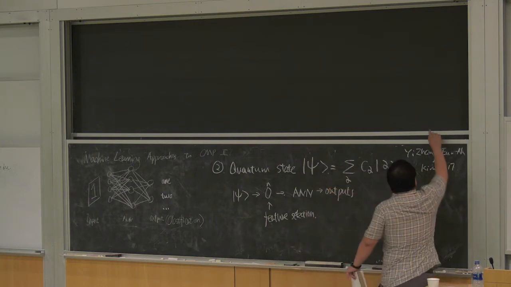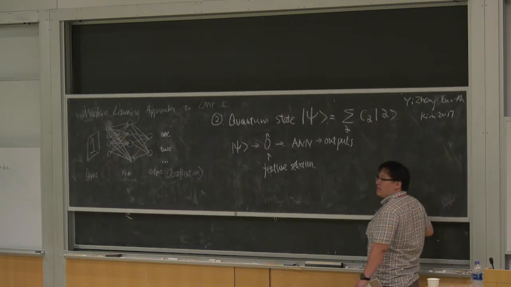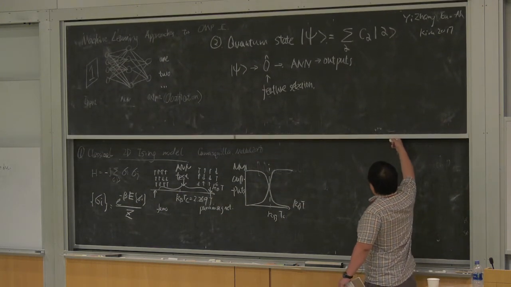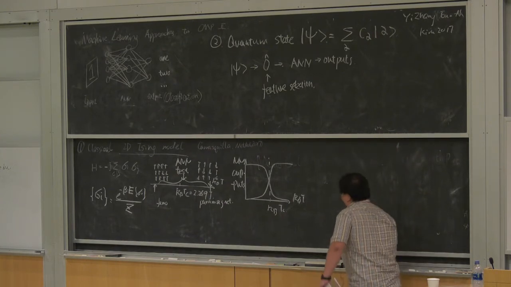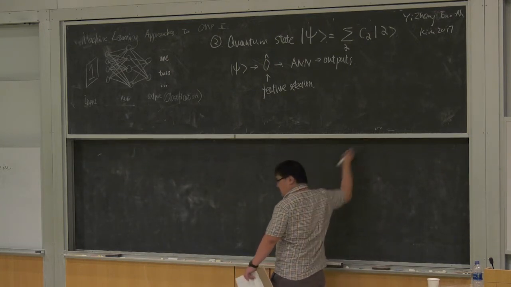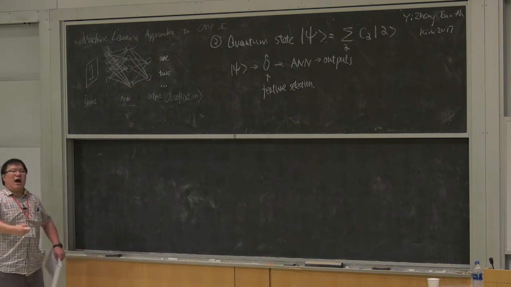So one important question we can ask is, given a state, how do we actually evaluate an operator? For example, as Leon mentioned yesterday afternoon, there are many trial wave functions.